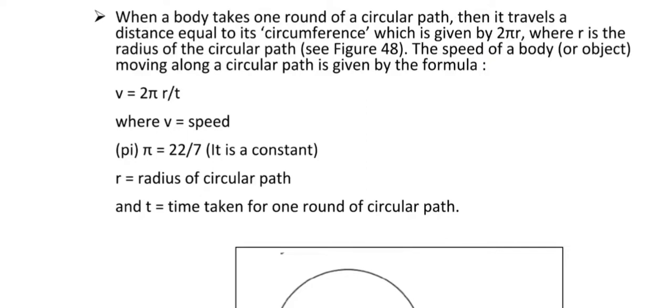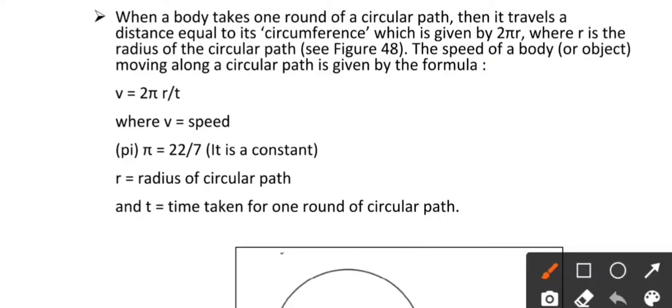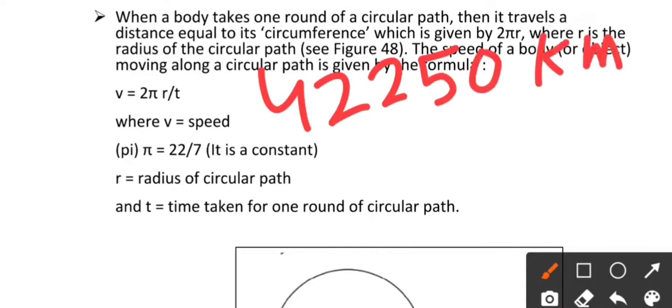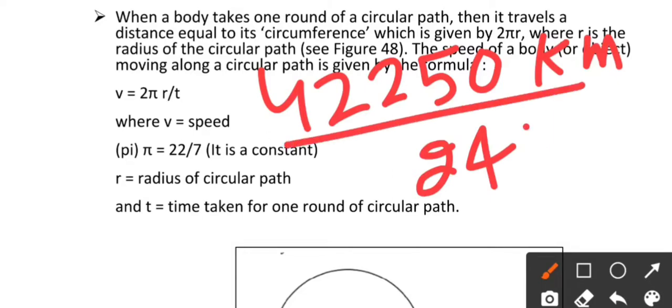So the question states that any artificial satellite is moving in a circular orbit, it is having the radius of 42250 kilometer, and we need to find its speed if it is taking 24 hours to revolve around the earth. So radius is given and the time is given. We have to find out the speed or the velocity.